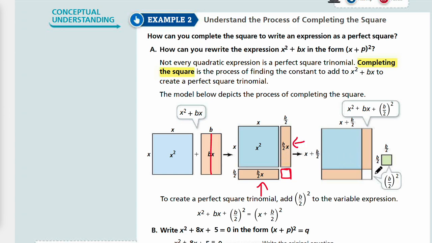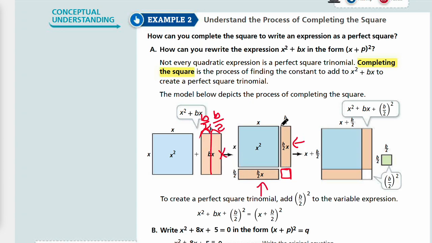So we want to figure out what side this little tiny square has, right? So whatever this side is, it'll make a perfect square for our addition problem, right? But we already know, because we split this in half vertically, right? Bx. That means we split b in half. So this side is actually going to be b over 2. This side is also going to be b over 2. And we still have the same height, which is x.